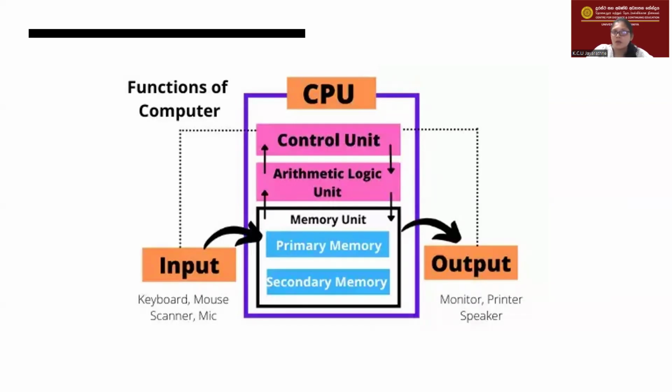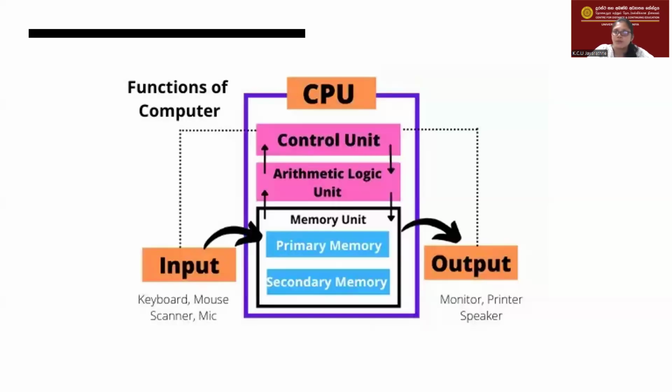So first we have to identify the process of this computer. There are inputs and outputs. Inputs are the keyboard, mouse, scanner, and mic. Through the keyboard, mouse, and scanner, we are giving data. The CPU is the place where the inputs get processed to give an output.